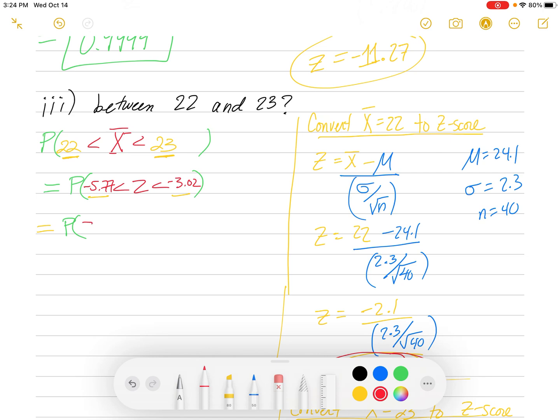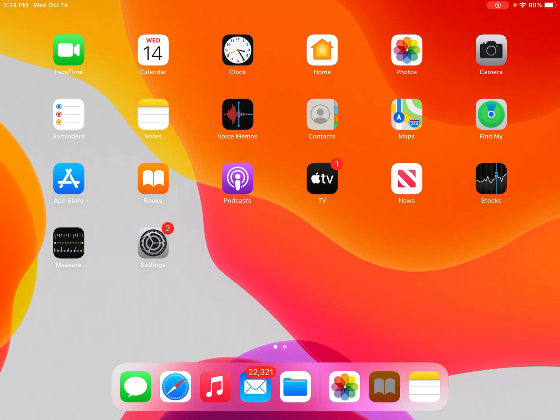Remember, you take the probability that z is less than this number first, negative 3.02, minus the probability that z is less than this number second, negative 5.77. So basically we're going to have to go in our table and look up negative 3.02, then look up negative 5.77, get those probabilities and subtract them.